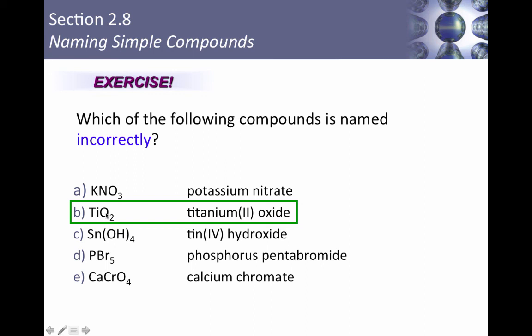Each oxygen is -2, and I have 2 of them. So this is going to be a total of a -4 charge here. Since this whole thing has to be neutral, the titanium has to be 4. So this should be written as titanium(IV) oxide. If you got that correct, give yourself a pat on the back. You're doing good at remembering all your naming.